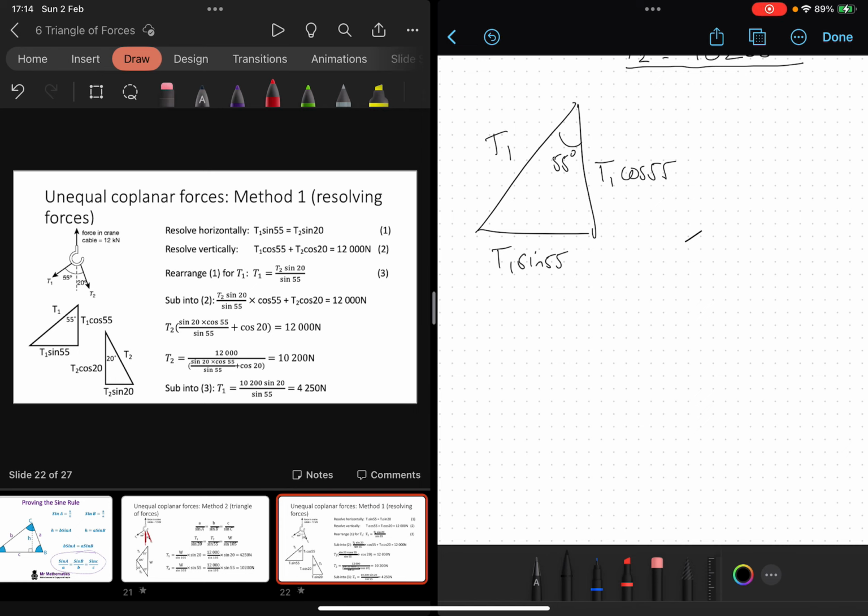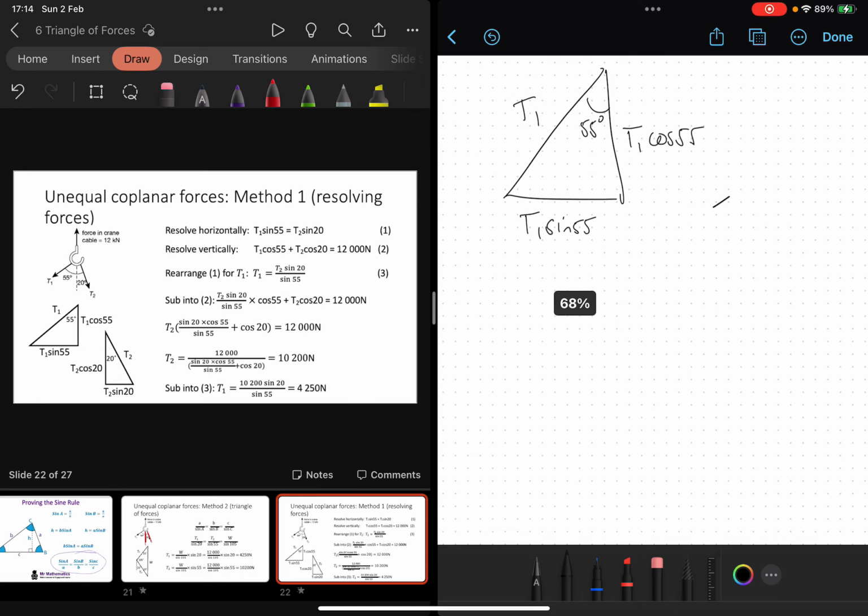My strategy is always the same. I'm always going to resolve things horizontally and vertically. Now remember, weight is not relevant horizontally. So all I can do horizontally is say that the horizontal component of one of the forces is equal to the horizontal component of the other force.